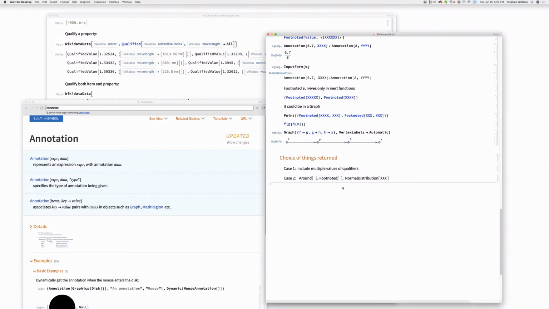There's also a question of how this relates to dataset, which is the relation of dataset to data series, because they're actually very similar.